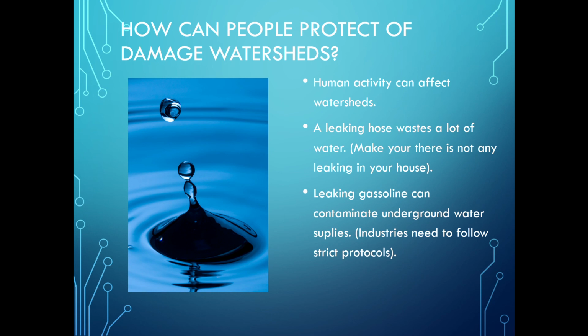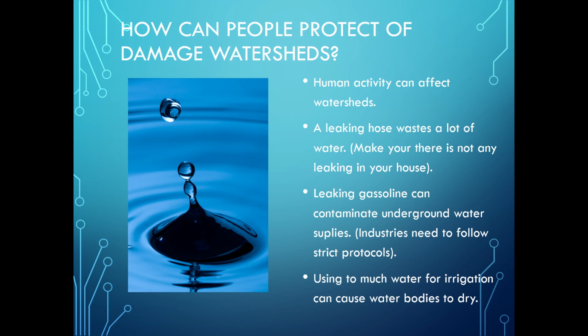It's possible that the water that you're getting comes directly from underground supplies. So imagine if that water is contaminated and you receive it at home, then it can be very dangerous for your family. So big industries need to follow strict protocols in order not to have one of these things.